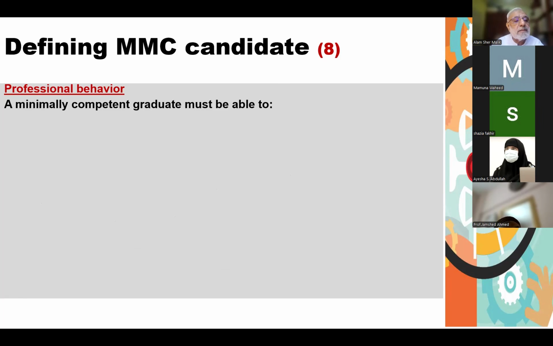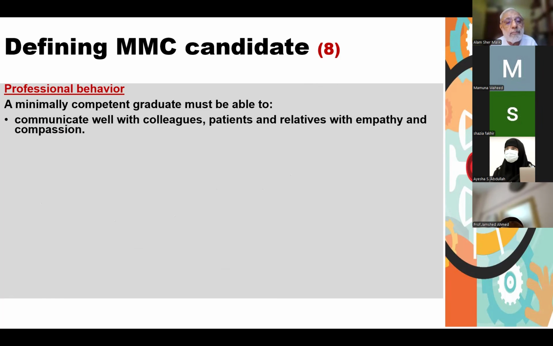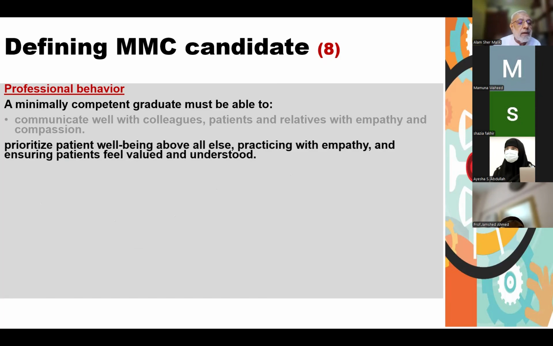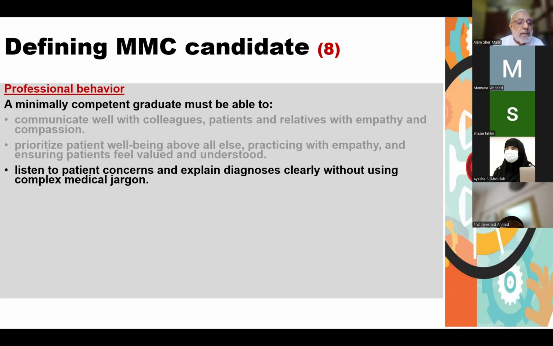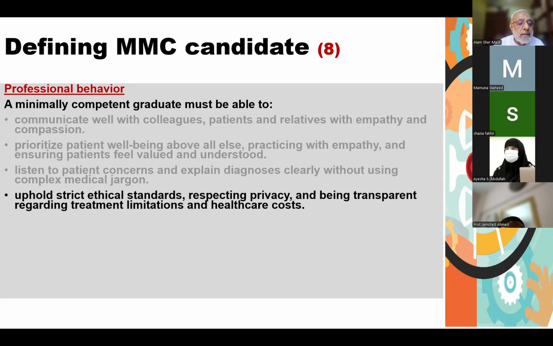And then there is a professional behavior criteria. A minimally competent graduate must be able to communicate well with colleagues, patients, and others. Prioritize patient well-being above all other activities, and practice with empathy, ensuring patients feel valued and understood. Listen to patient concerns and explain diagnosis clearly without using complex medical jargon.